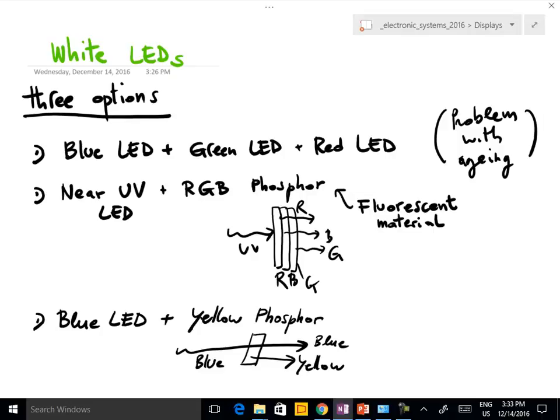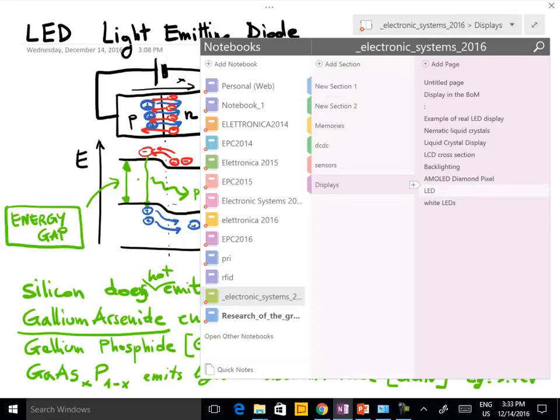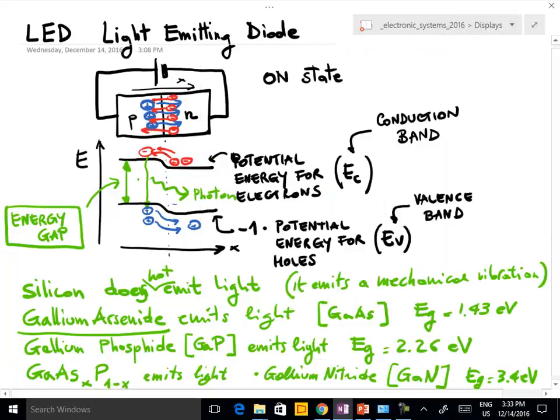Okay, the other thing that I would like to add now is the fact that the voltage that one has to apply to the light emitting diodes in order to put them in the on state is typically close to the energy gap. So, for example, in silicon you have a V gamma, a turn-on voltage of 0.6 volts.